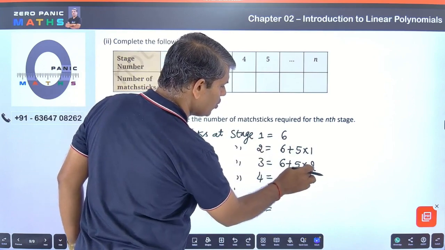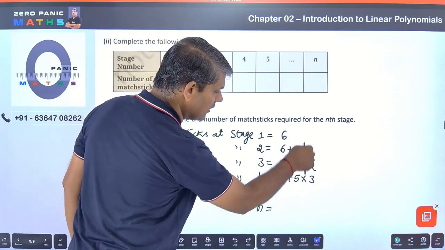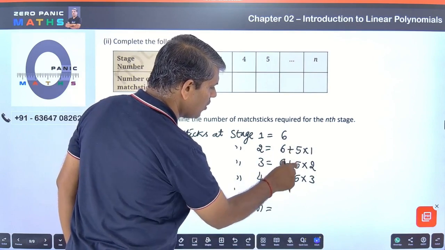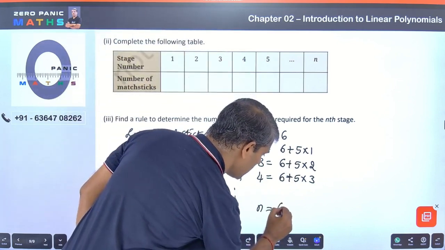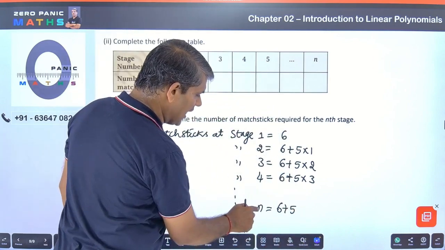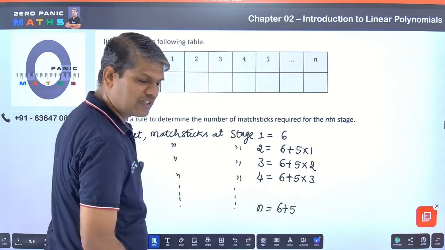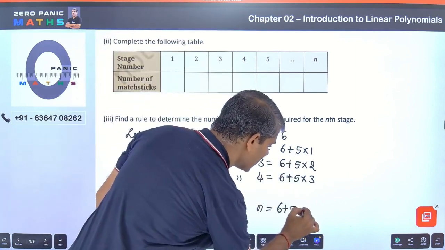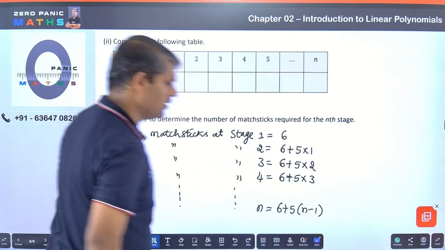You see that the value that is getting varied, keeping 6 plus 5 as the constants in this formula, is the multiplier. At the nth stage it is n minus 1, because at the fourth stage it is 3, at the third stage it is 2. You understood this? I can say this as 5 into n minus 1.